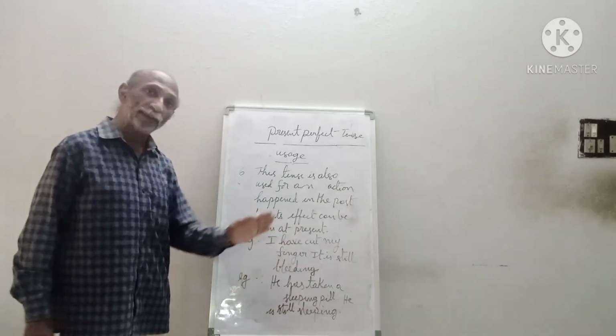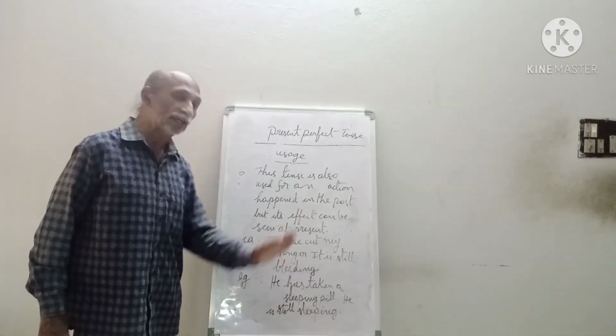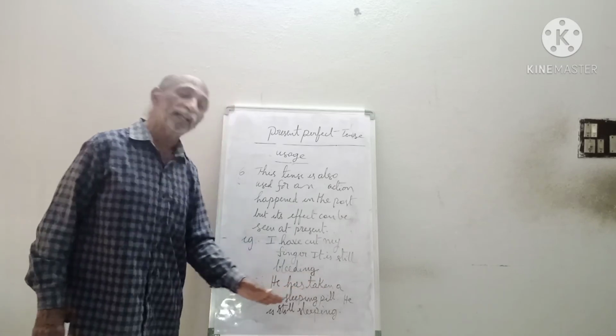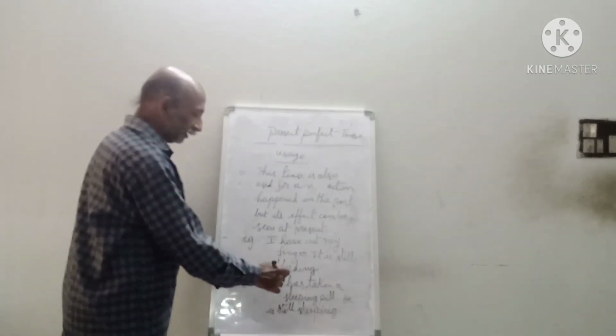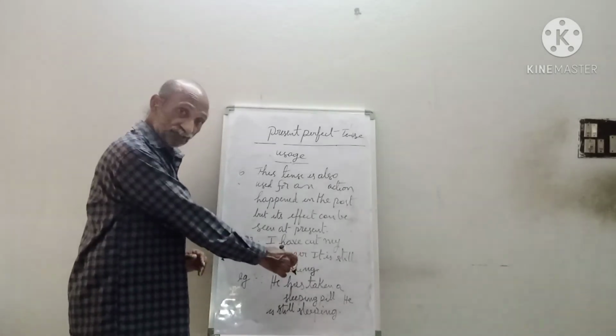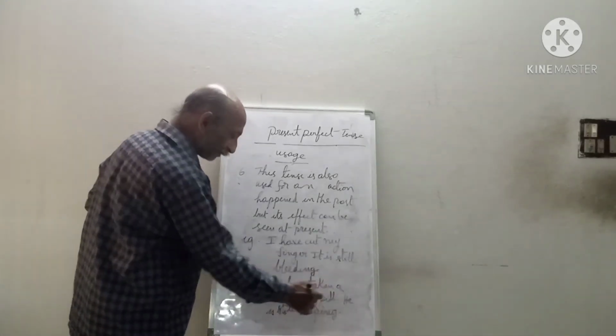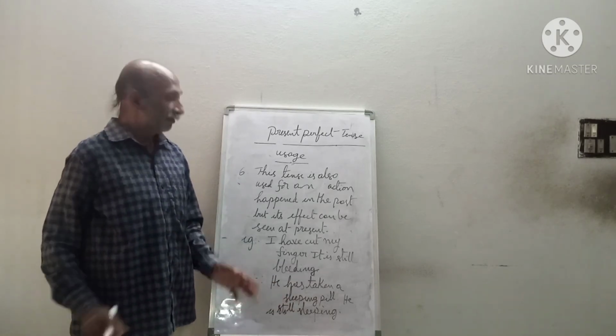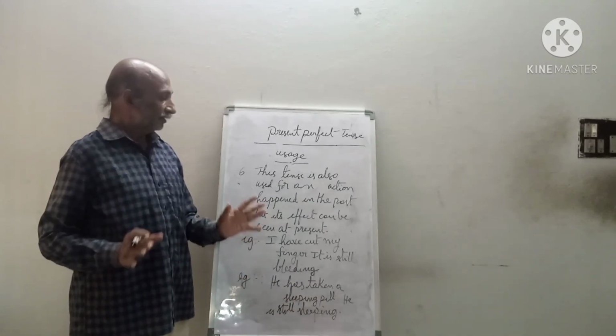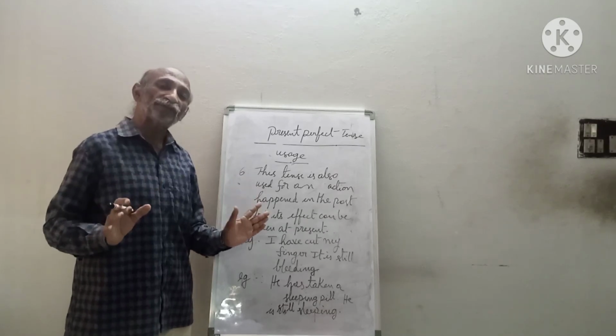The action happened in the past, but the effect of that past action can be seen at present. That is why I use the present perfect tense. He has taken a sleeping pill. He is still sleeping. My dear students, I explained the various uses of present perfect tense.